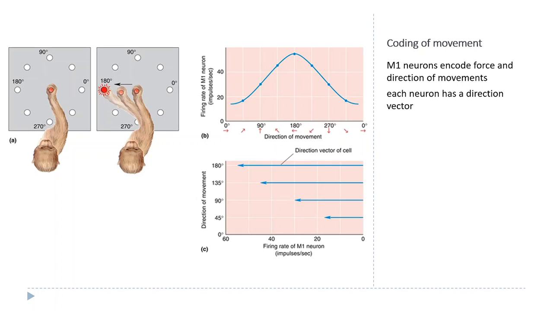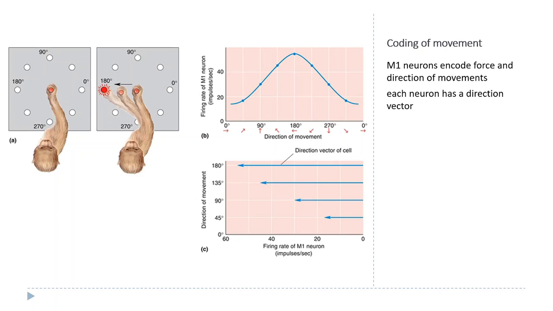You could have individual neurons or groups of neurons that send commands to individual muscles to contract, and then you get movement in the corresponding direction. But that doesn't seem to be the way it works. It seems to be the case that different parts of the motor cortex command different parts of the body, and more specifically command movements in a particular direction.